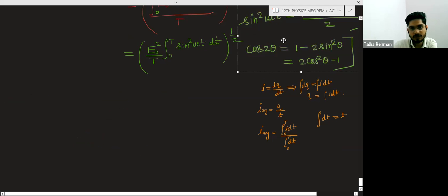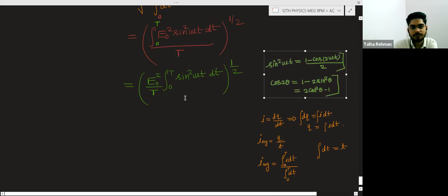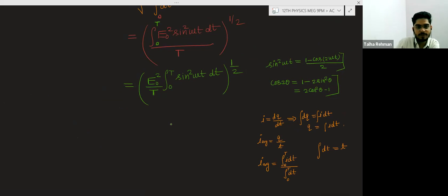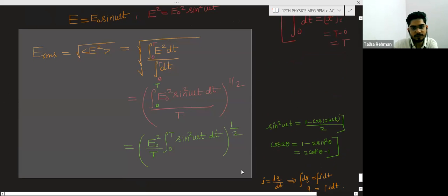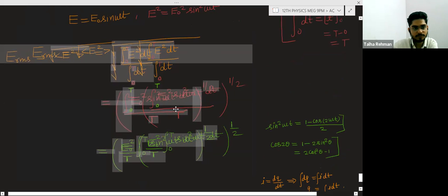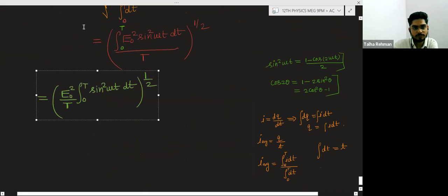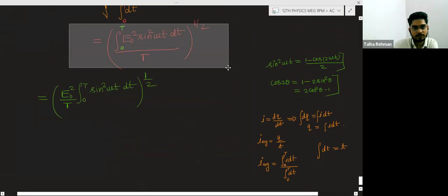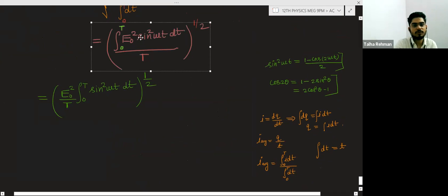Basically, we can shift this thing to this side. So here I have shifted it.